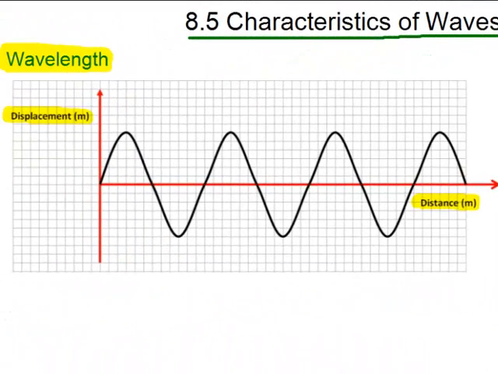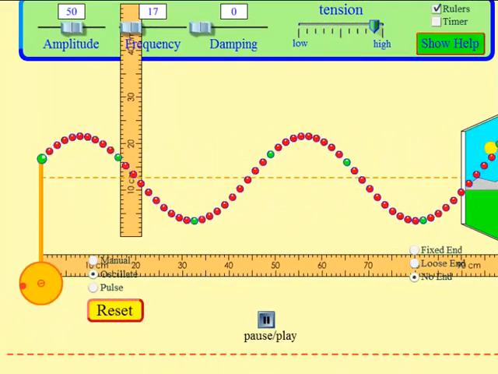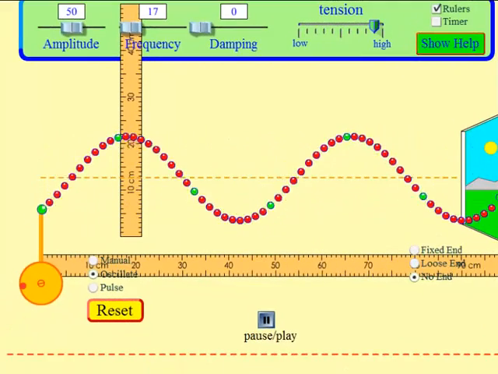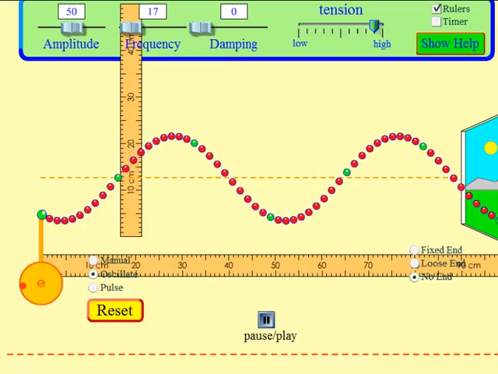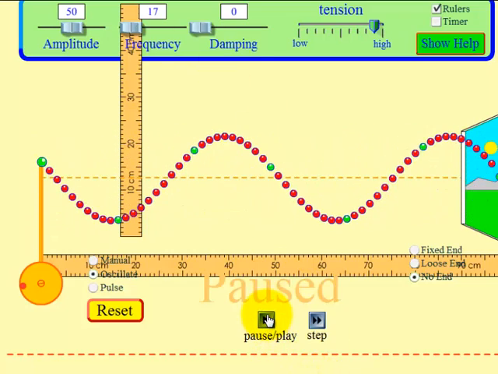So we want to define wavelength. Again, let's go back to our simulations. I want to use wave on a string to illustrate what we mean by wavelength. Now let me pause these oscillations. A complete oscillation would be from this point all the way to this other point here.